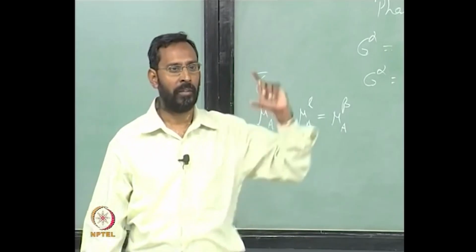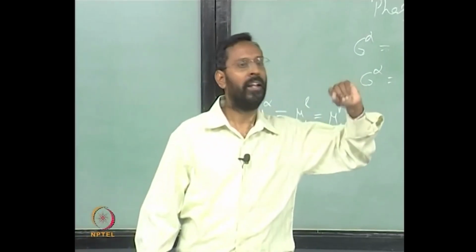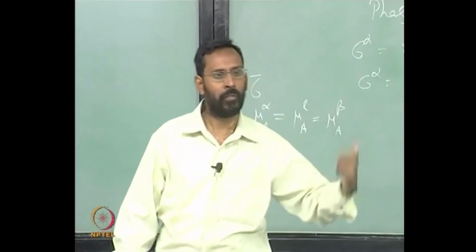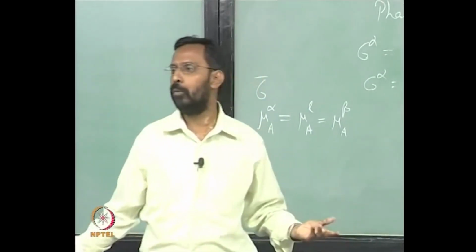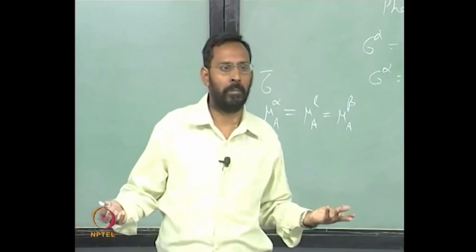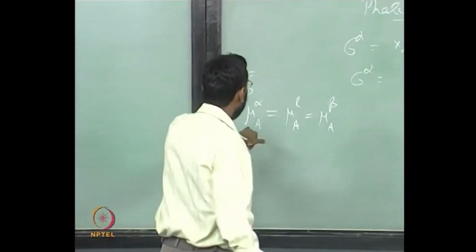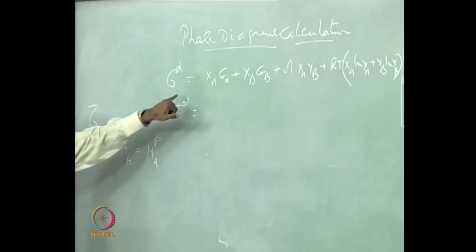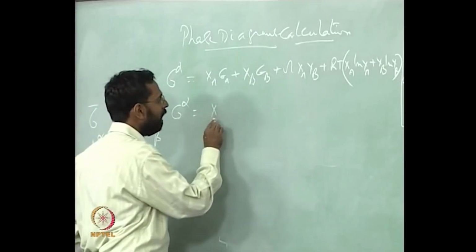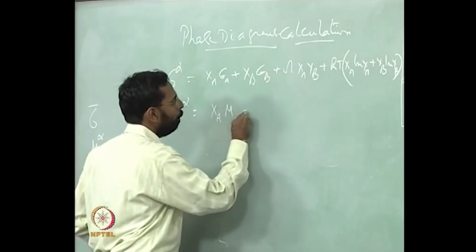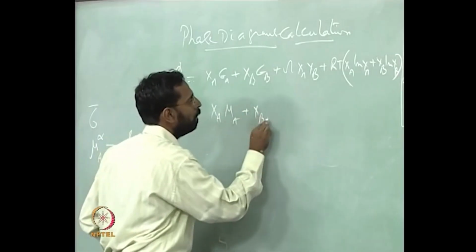We have seen that whenever delta mu is 0, there cannot be movement of atoms from one side of the phase to the other, and if there is no movement of atoms, we say they are in equilibrium. So that is the reason why the chemical potential has to be equal. So we can write any free energy expression as XA mu A plus XB mu B.